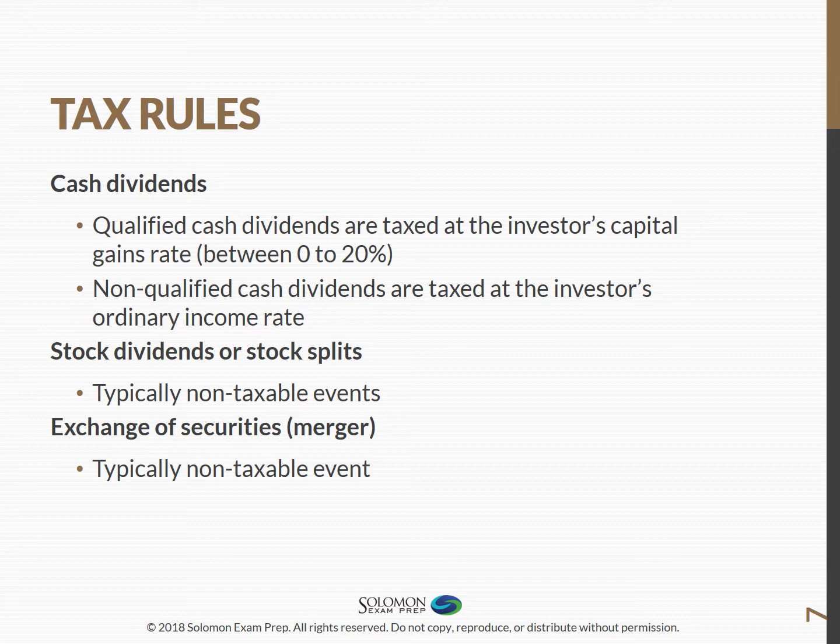Stock dividends or stock splits are typically non-taxable events, meaning you will not have to pay a tax on them. An exchange of securities, which might occur if the company merges with another company, is also typically a non-taxable event.